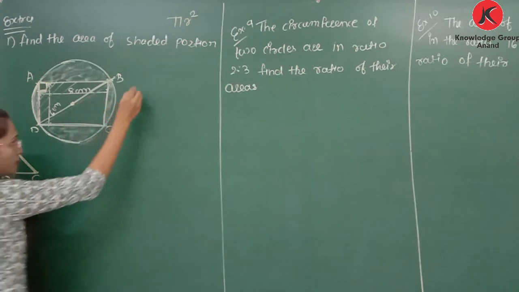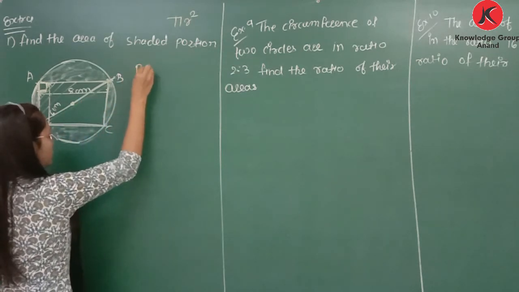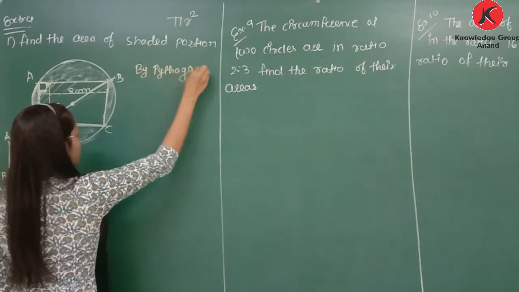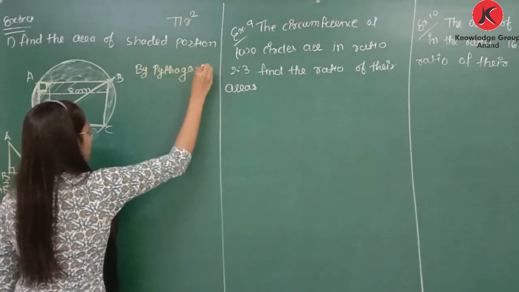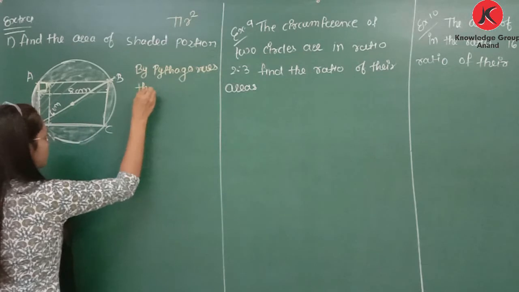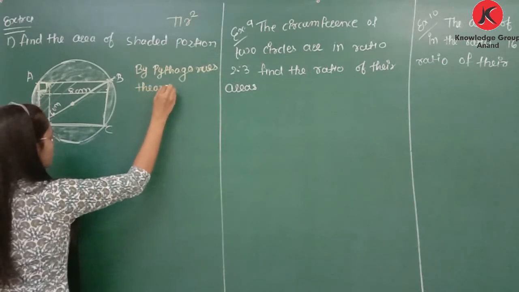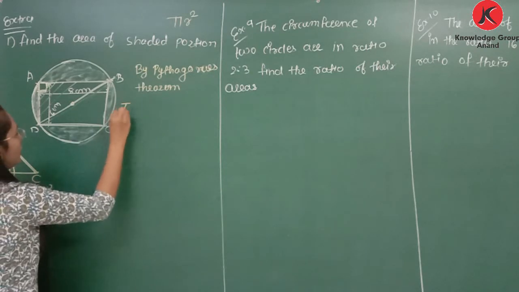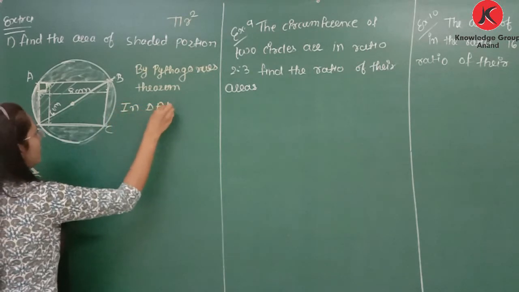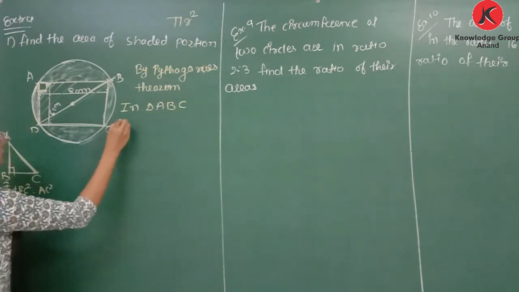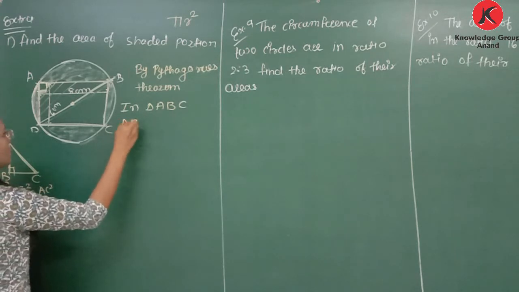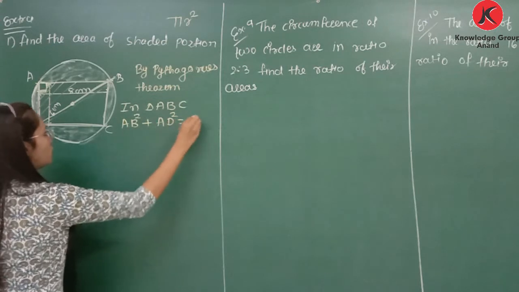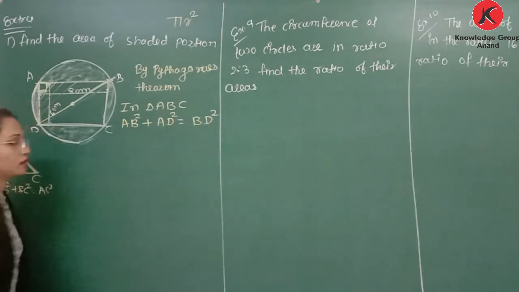So we can find BD. In triangle ABD, AB square plus AD square is equal to BD square.